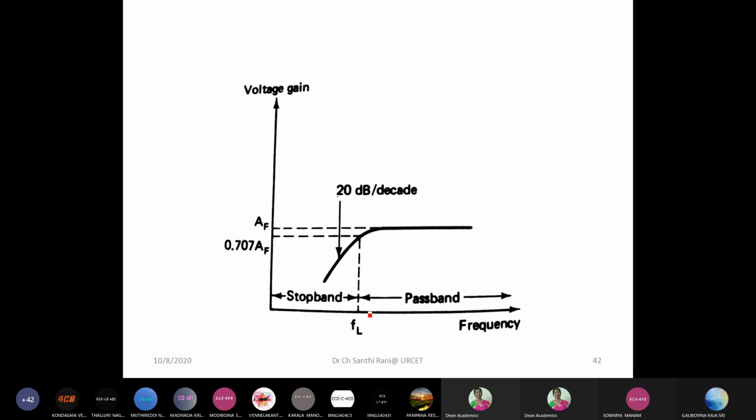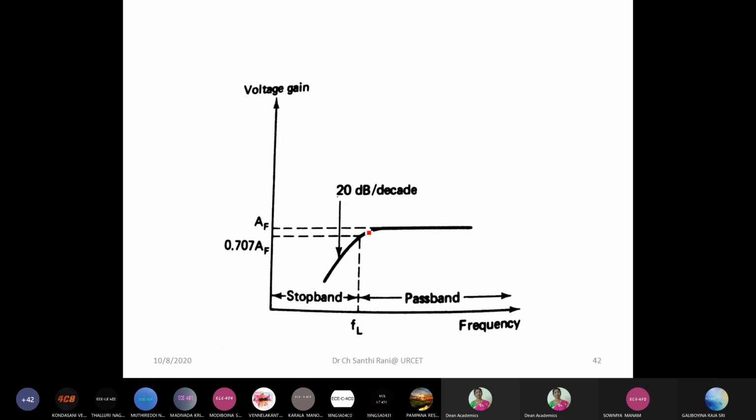And for frequencies above the cutoff frequency, the gain is maximum. So we get a response like this. This is called the stop band, and this is called the pass band. So this is the frequency response curve of the high pass filter, right?